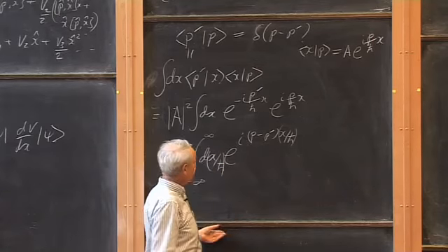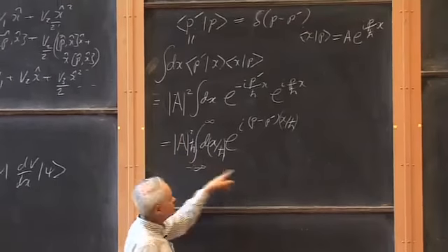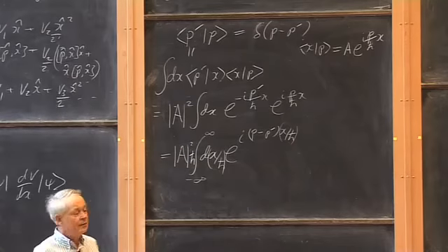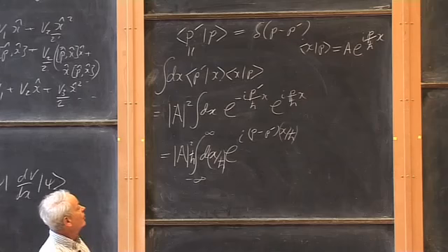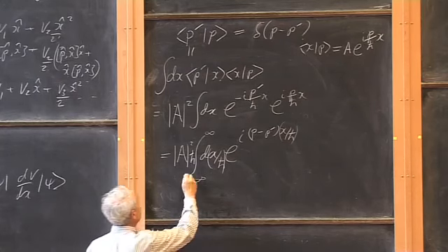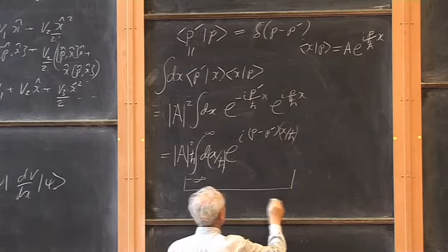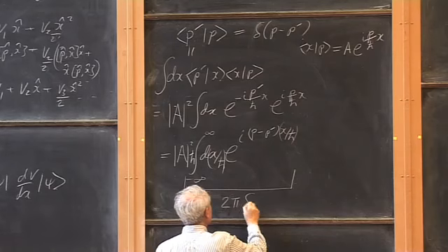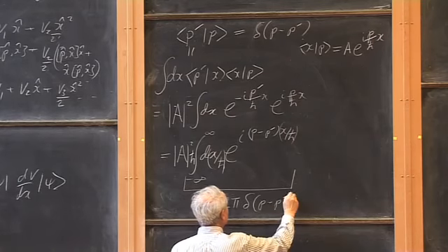And now this is a standard integral, which I hope you will recognize from Professor Essler's course from Fourier analysis. From Fourier analysis, we know that this integral is 2 pi times delta p minus p primed.